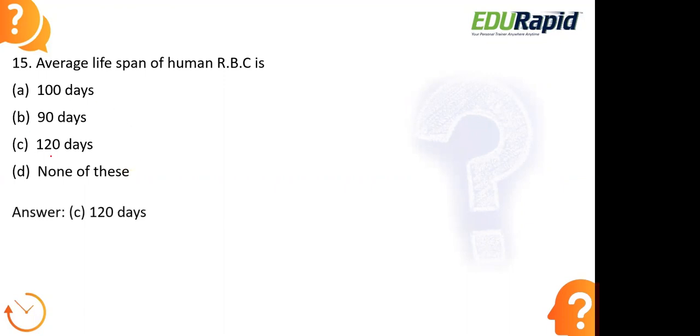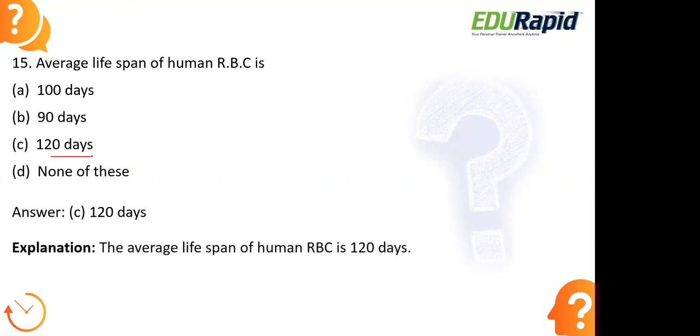The right answer is option C, 120 days. This is the average lifespan of human RBC, red blood corpuscles, the red blood cells we have in our blood, one type of blood cells. It can survive and be active for only 120 days. This is the lifespan of red blood cells.